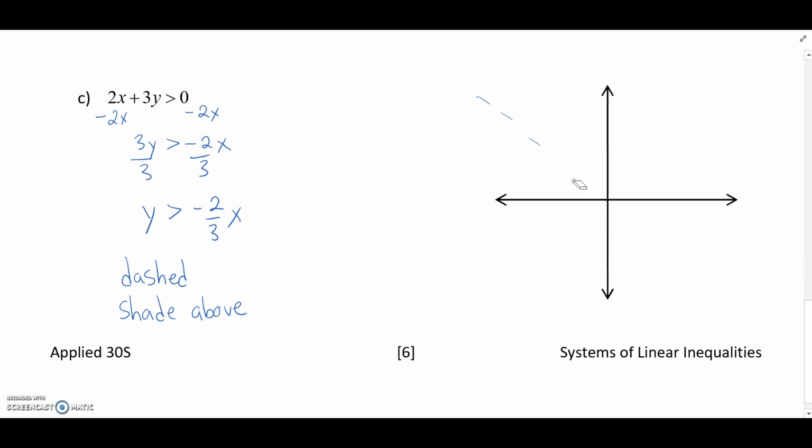That's not going through the origin. There we go. And I'm still going to put arrows on the end of it as if it was a solid line. So you can see because this inequality is greater than, we've got a dashed line, and I'm still going to shade above the same way I was shading above before.